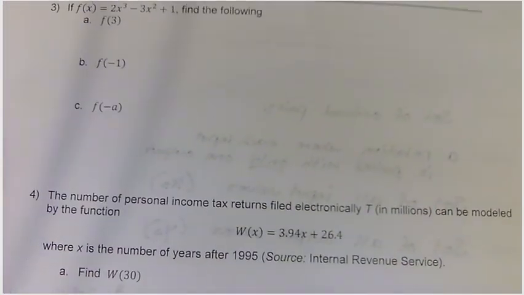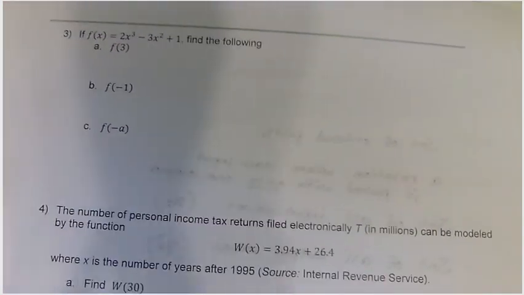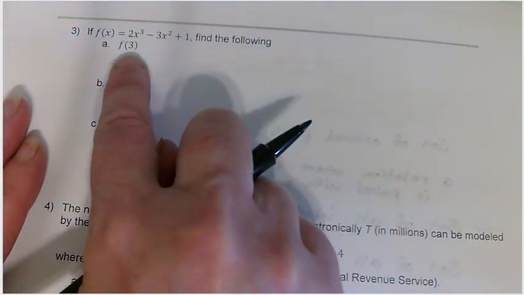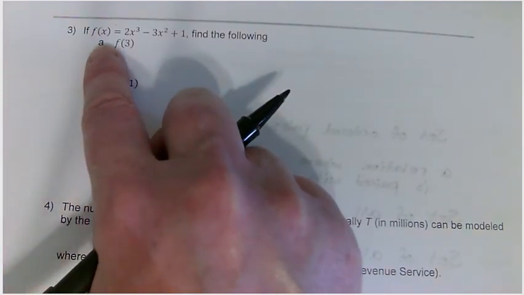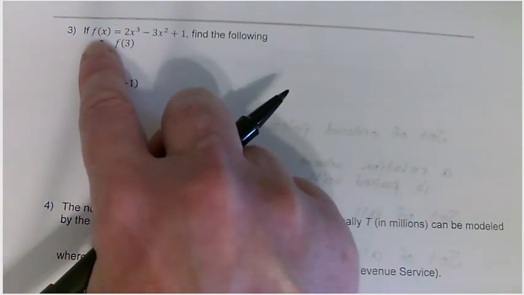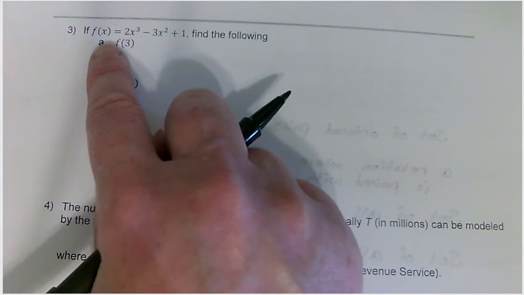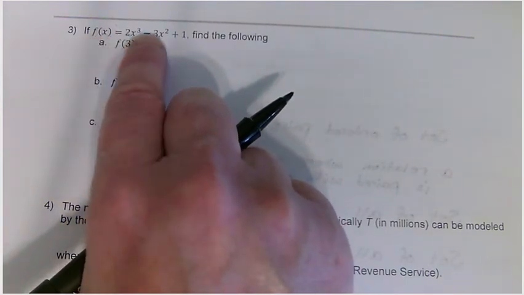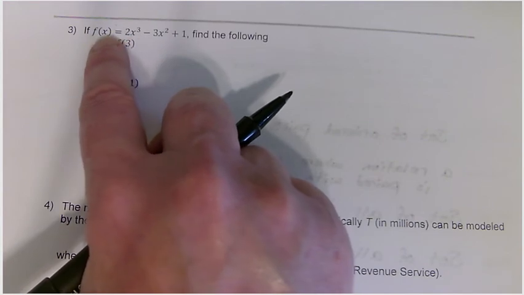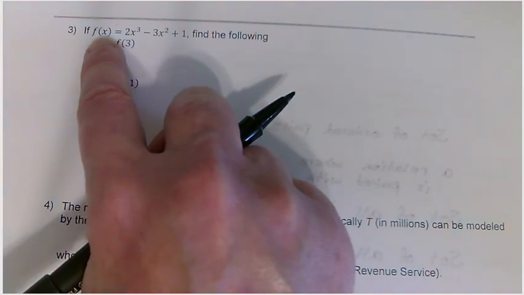Now, other things we do with functions, we evaluate functions. We find f of something. So this f of x notation means the function's name is f, and the input is x. So when you're given the formula, they're telling you that the variable they're using to represent the input is x in this example, f of x.